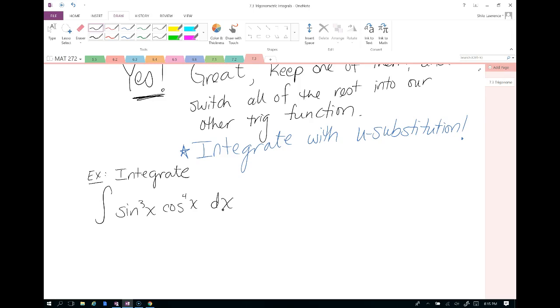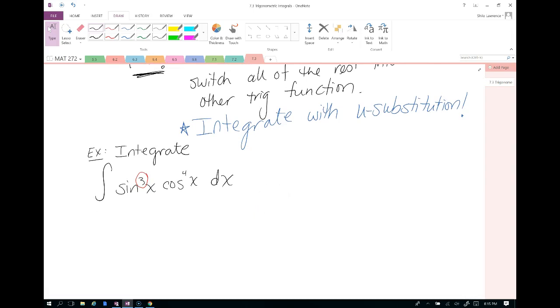If I were to let u equal cosine, the derivative would only be one sine, and I have three sines. So what we need to do is identify our odd power, and we're going to rewrite this expression so that, and I'm going to drop the integration for now and just work with my integrand.